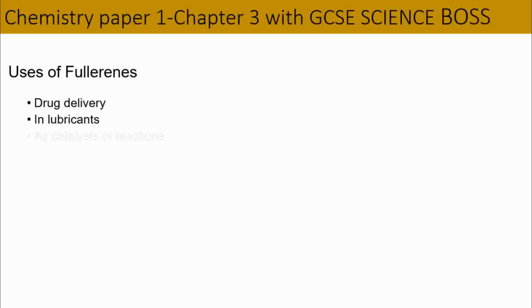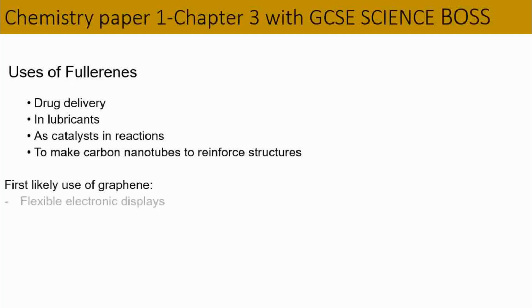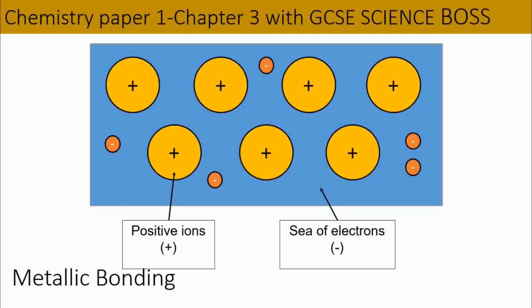So we mentioned fullerenes earlier. We mentioned their uses, delivering drugs, lubricants. They can catalyze reactions, and they can be used to make carbon nanotubes, and are very good for making electronic displays such as phones and computers.